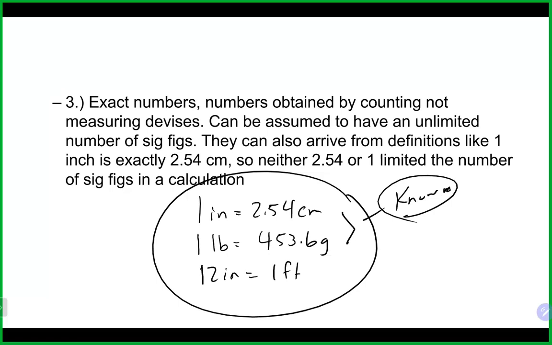We'll take a look at another idea here, which is that there are some cases where the only way to give an answer and maintain the proper number of significant figures is to use scientific notation.